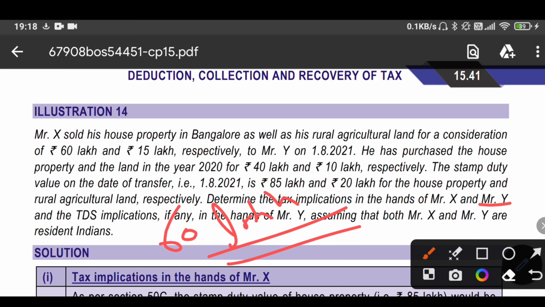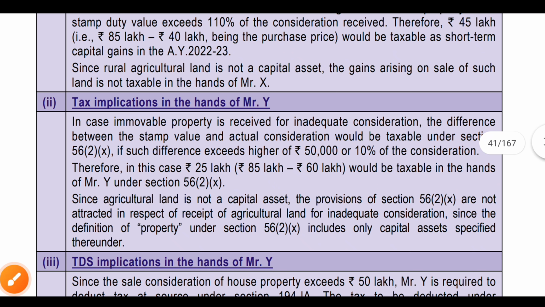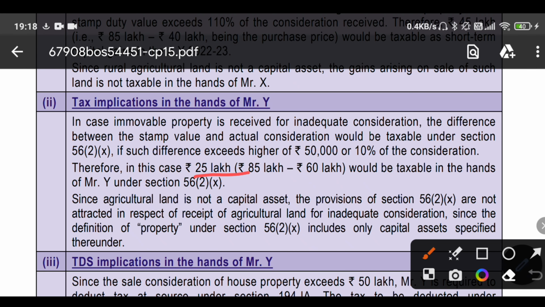So we will consider the difference as income from other sources as a gift, right? So 85 lakh, which is the stamp duty value, minus 60 lakh, 25 lakh will be the income from other sources.